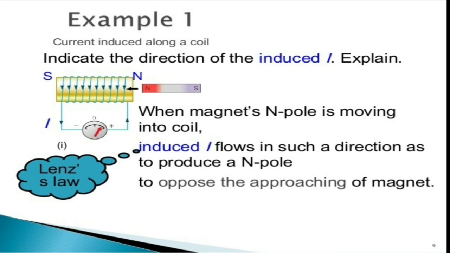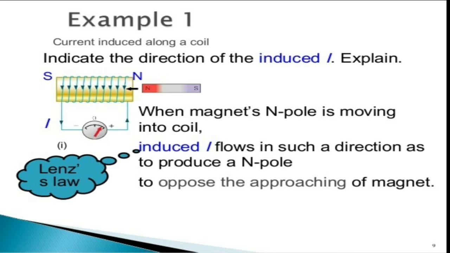Here you have a solenoid, we can say, and a bar magnet's north pole is moving towards the solenoid. So the induced current opposes that change.